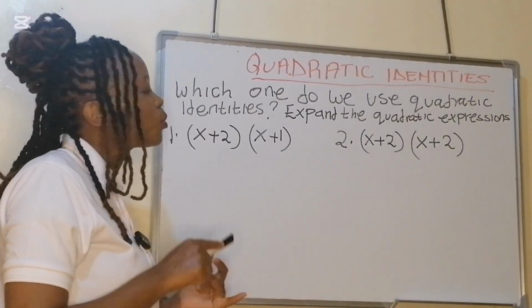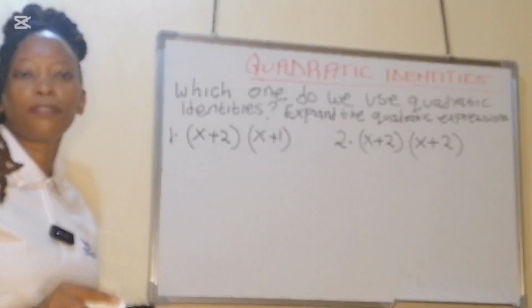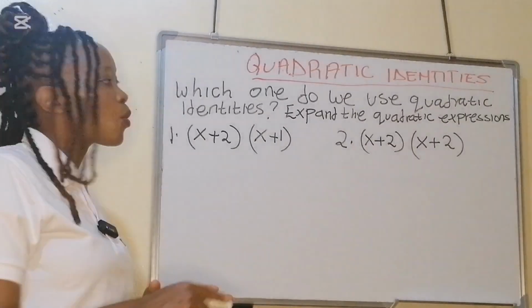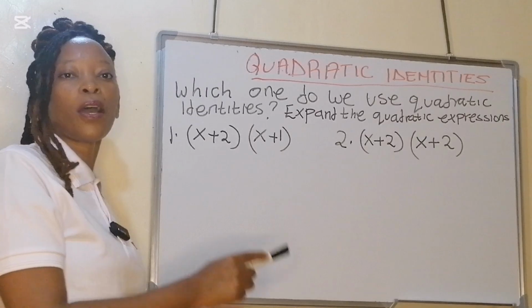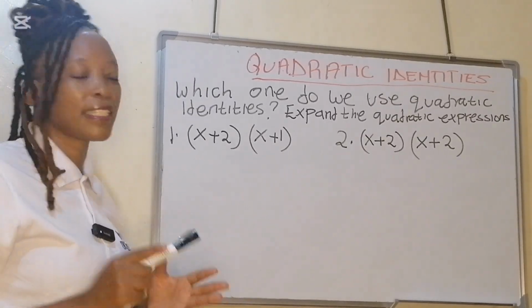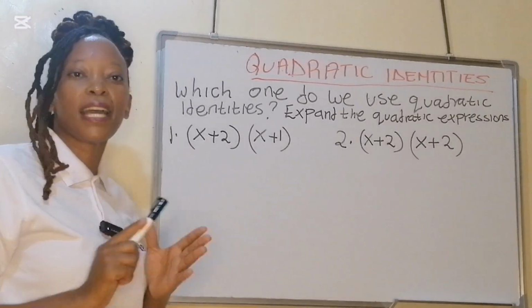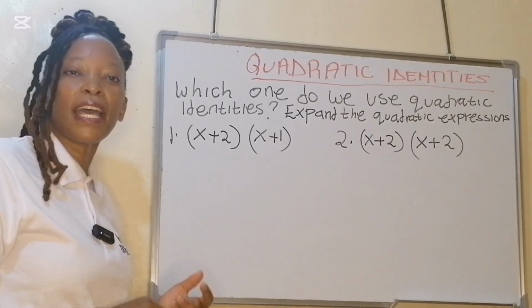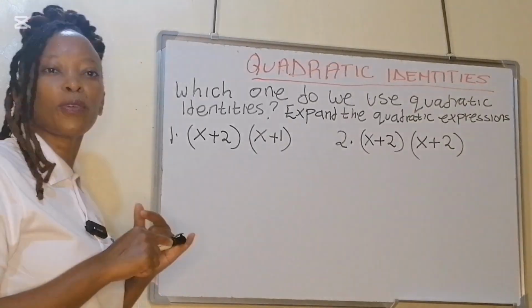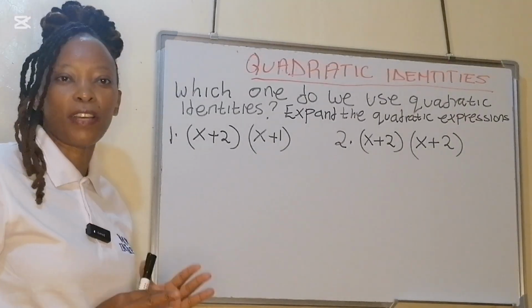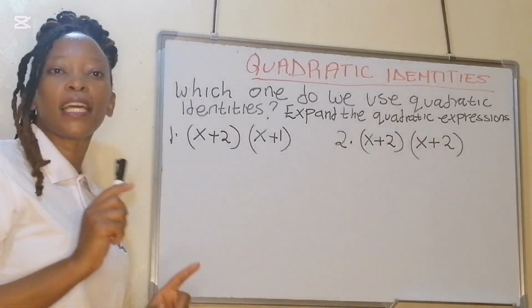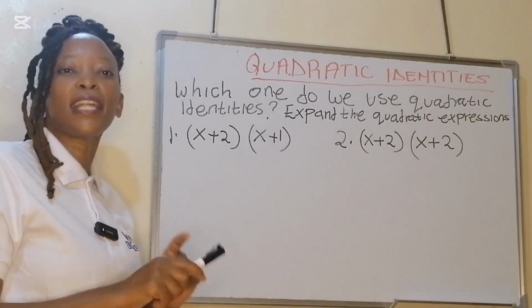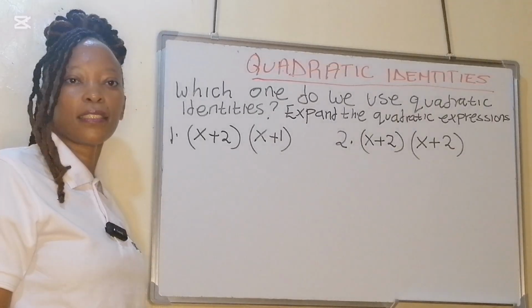So I want to show you how to identify which of the expressions to use quadratic identity on. Let me repeat again. By the end of the lesson, I am going to help you identify which quadratic expression to use quadratic identities on.